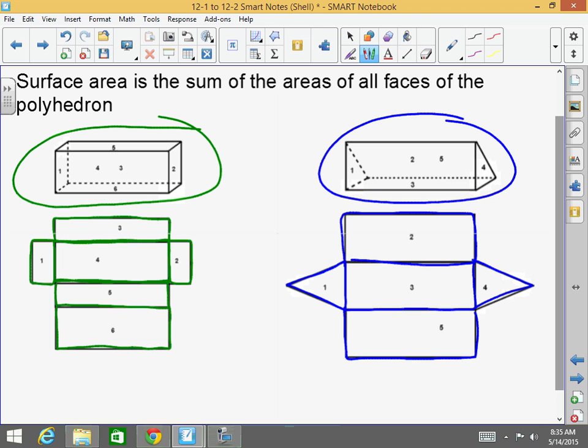So if I wanted to make my life difficult, I could literally look at a prism, pop out all the sides, draw out what's called a mapping of the prism, and find the area of each individual side. Totally can do that. Would I recommend that? Absolutely not. Because it's kind of difficult sometimes to see the mapping of a prism, especially when we get a little bit more complex. But I need you to understand here, basically, is recognizing the 2 bases. In this case, this guy and this guy could be the bases.